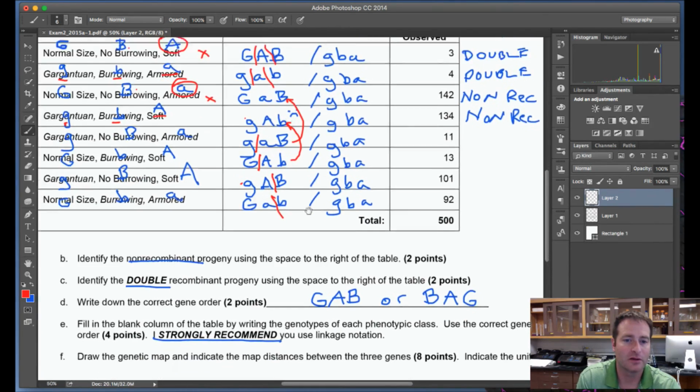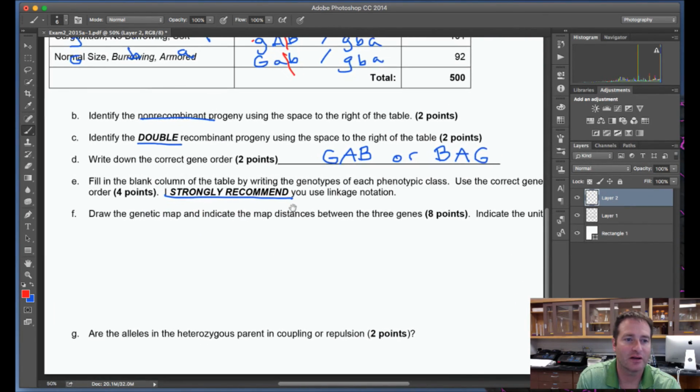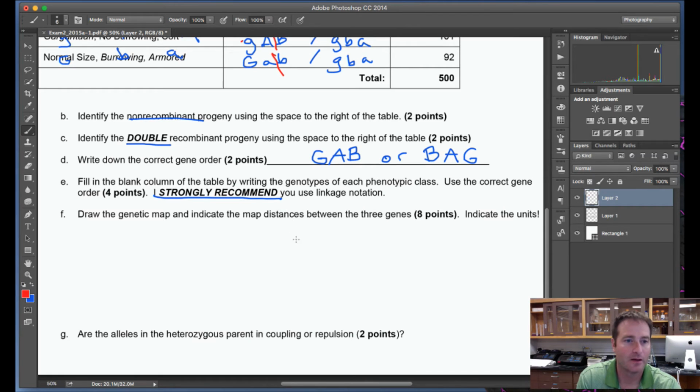Alright, so if we slide down here, draw the genetic map, and indicate the map distances and the units. The first thing you want to do is, here's our gene order, G, A, B. I'm going to calculate the distance from G to A. To do that, I need to know the recombination frequency between those, which is the number of recombinant progeny over the total number of progeny.